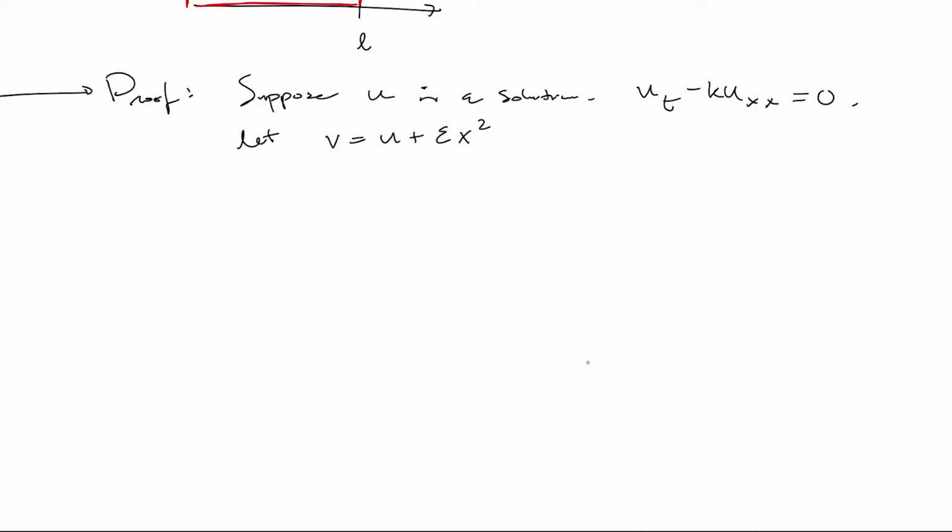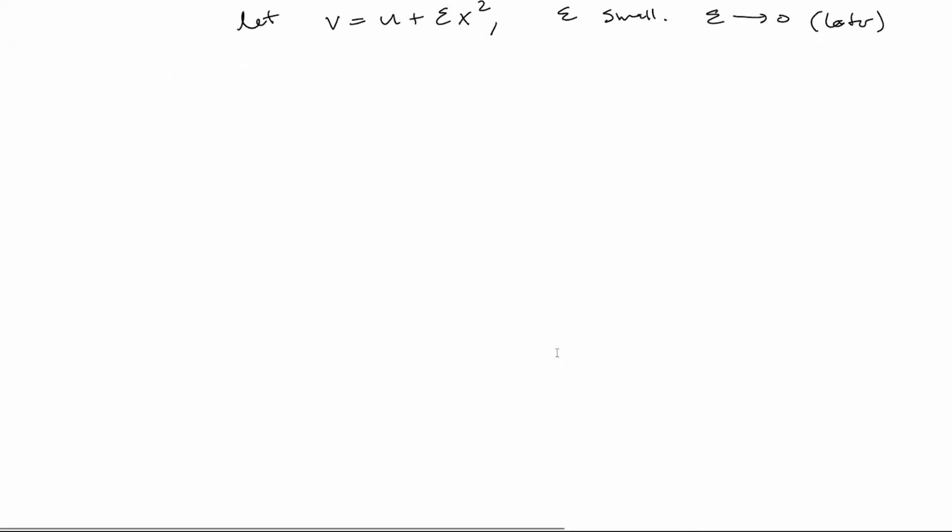Now this epsilon here is going to be small, and we're later going to take the limit of epsilon as it goes to 0. Also a very common technique. You'll see this sort of epsilon notation quite often.